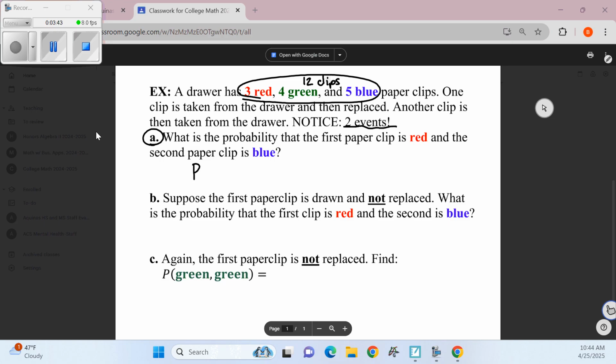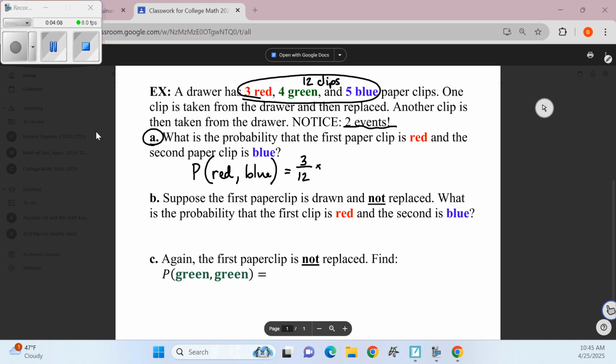So what we're really asking for here is the probability of a red, and then the second one is a blue, if they get replaced. So the probability of getting a red paper clip, so imagine opening my drawer, I have 3 red ones out of 12 total paper clips. Then I go back and I put the red one away. And then what's the chance that when I go back for another paper clip later in the day, I grab a blue one?